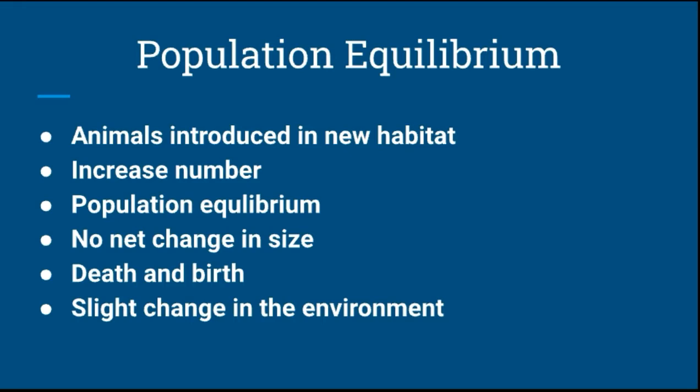A question may arise: what is meant by population equilibrium? Population equilibrium means when a few animals are introduced into a new habitat, they increase in number and the population grows. At the beginning the growth is slow, and later it increases in geometric ratio.